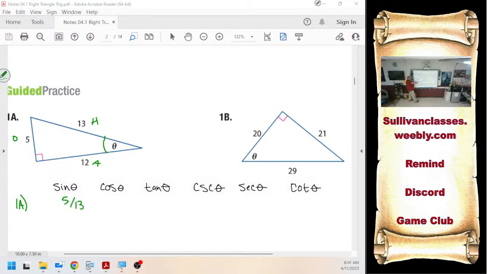That means my cosecant will be 13/5. Cosine is adjacent over hypotenuse, 12/13, which means my reciprocal, 13/12, is secant. And tangent, opposite over adjacent, is 5/12, meaning cotangent is 12/5.